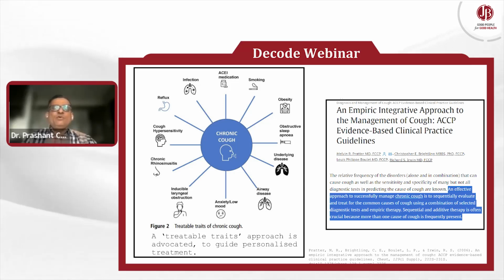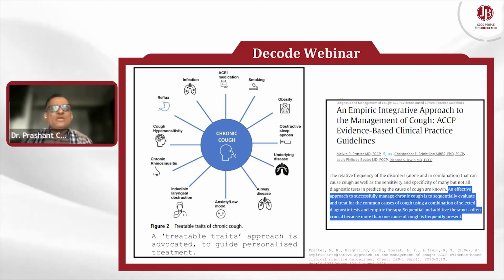From the lung point of view, you need to look at the underlying disease, whether there is asthma, COPD, bronchiectasis, or interstitial lung disease. You need to identify that. Anxiety, as I said, can be a reason. In one of the case presentations, I highlighted that you need to look for depression and anxiety as a cause of cough also.